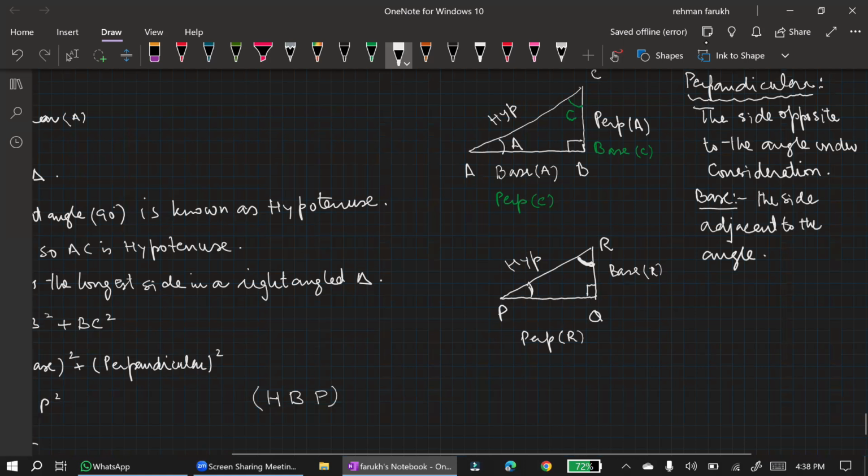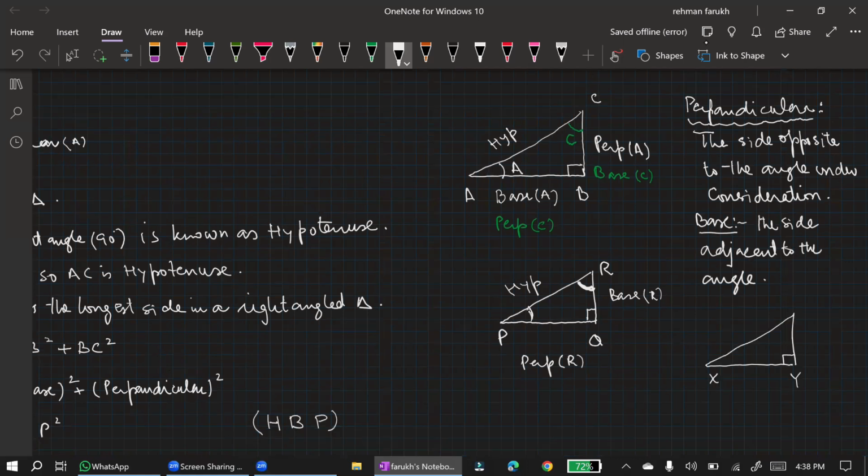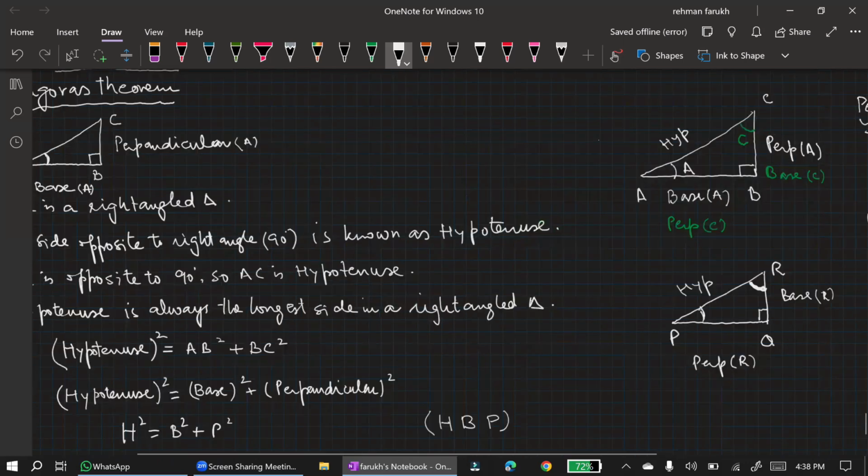Now this one is the triangle XYZ. Can we consider Y as the angle? No. Why? It is 90 degrees. Yes, we will consider the angles other than 90 degree to decide about the perpendicular and the base. Good.